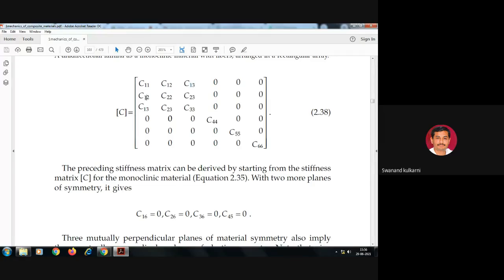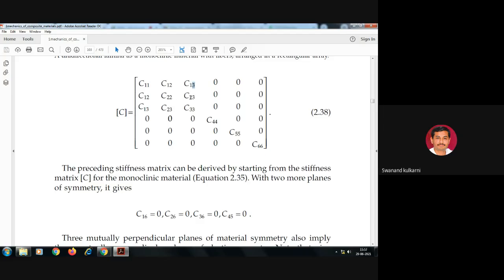But here C12 is already covered. Two new ones, C22 and C23, are present here. Is it okay? So that means in the first row we have three independent elastic constants. We are considering them as elastic constants. Then these 3 plus these 2, 3 plus 2, 5. Then here C13 is over because C13 is present here only.